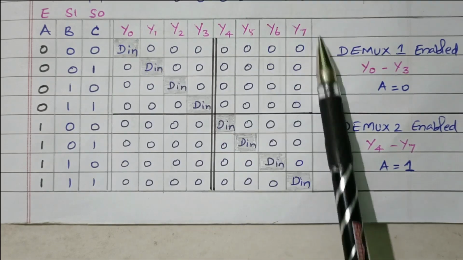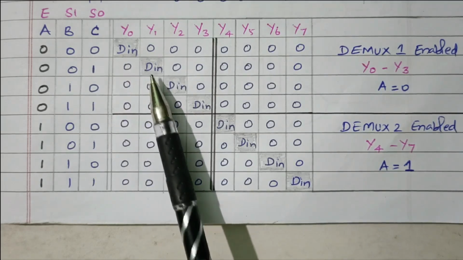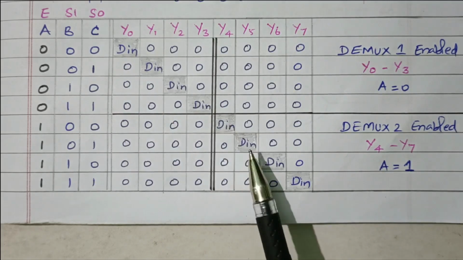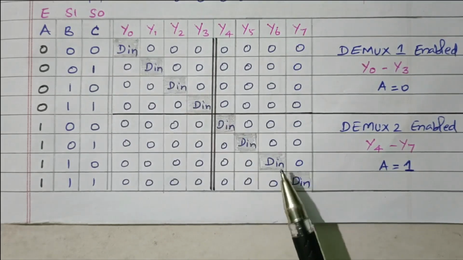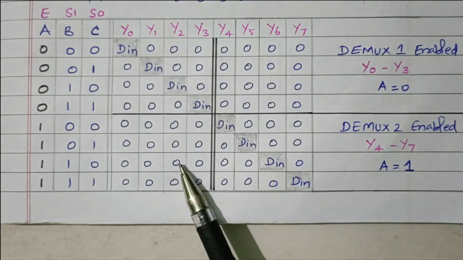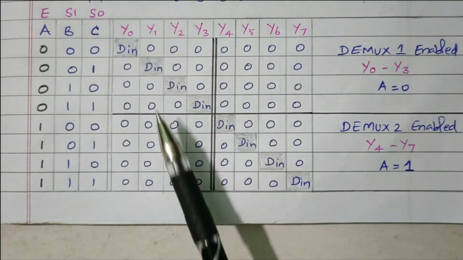So by seeing the complete truth table, we see that we got the output from Y0, Y1, Y2, Y3, Y4, Y5, Y6 and Y7. So these are the 8 different outputs, right? So we are getting the output of the 1:8 demultiplexer by using two 1:4 demultiplexers.